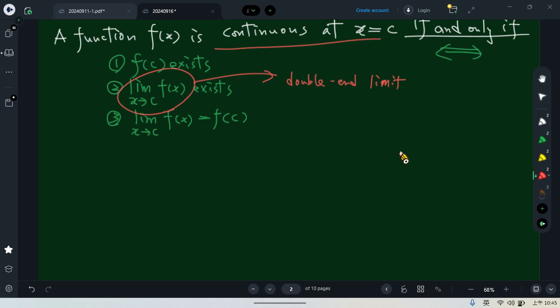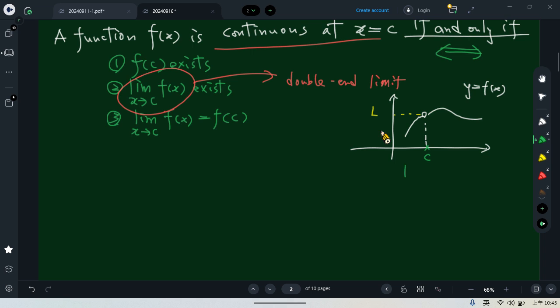So later on I will show, this is very important. So I can just draw a simple figure for you. For example, if a function is defined just like this, this is C. If the limit value is L, you can see from the left-hand side, that means the limit as x approaches C minus of f of x is L, right?